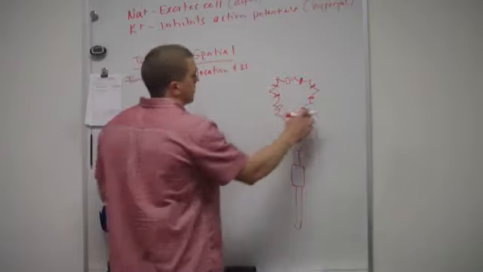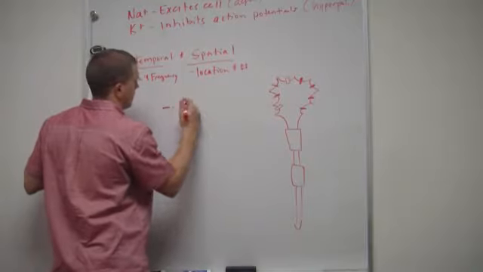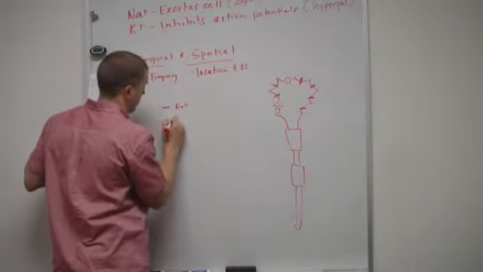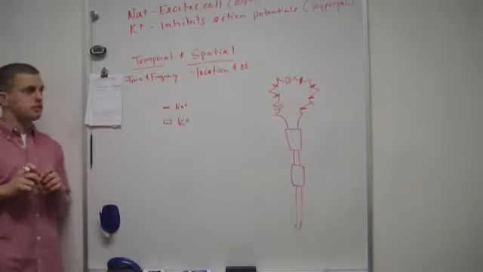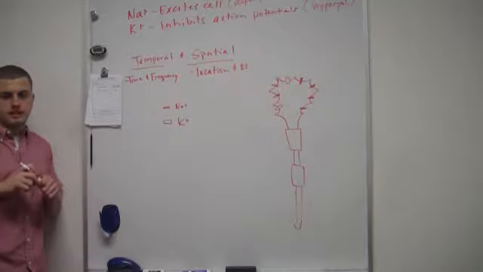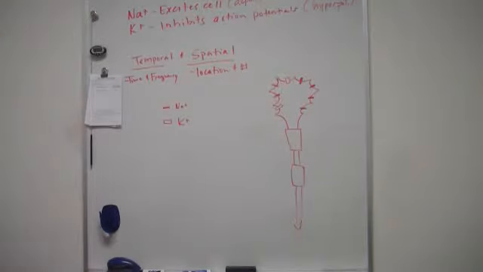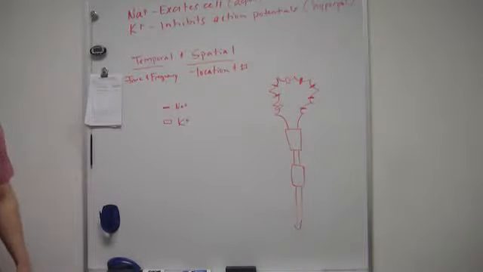I just drew two different receptors. So this receptor that's like this, we'll just say that's sodium. And the one that's like this, potassium. That makes sense? Solid is sodium, blank is potassium. So just based off the number of receptors there, would we say temporal or spatial is going to win, as far as summation goes?